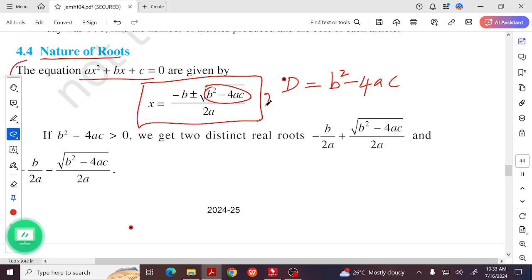You said you will get some type of answer, so how many types do we have?